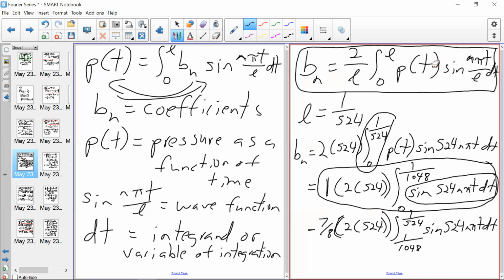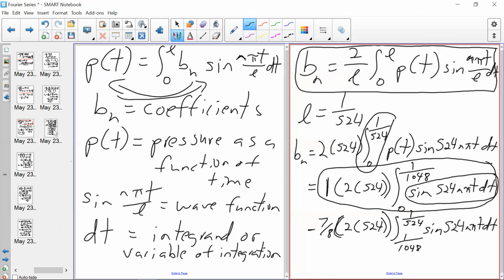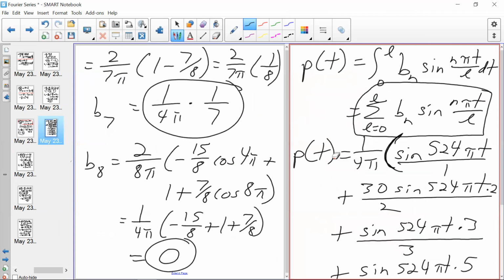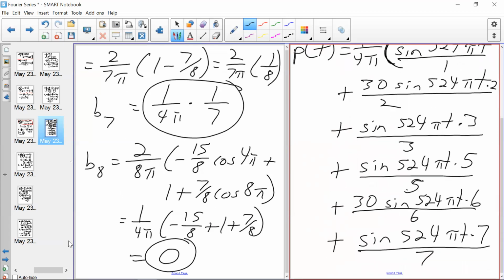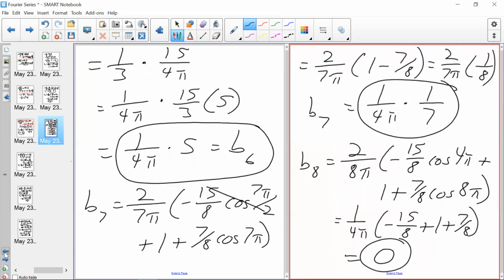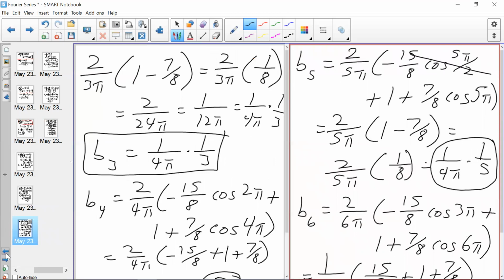P of t is understood to be there, whatever the function is. Then we went through the integration for the b sub n's, got all the b sub n terms, and then we put it back into the original P of t function and showed the wave functions that make up the ultimate wave function. So basically what this means, these are the wave functions added together that make up the original guy.